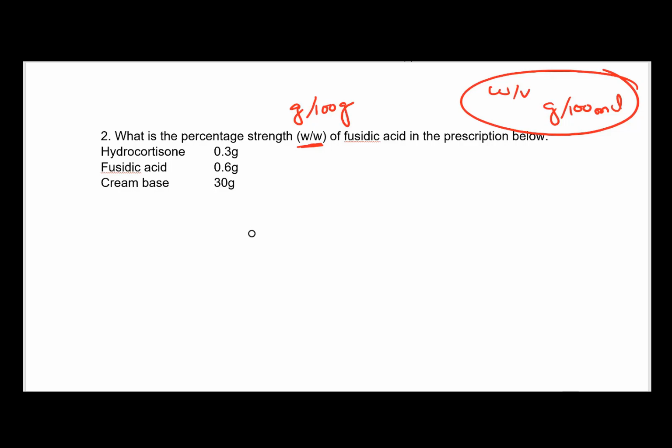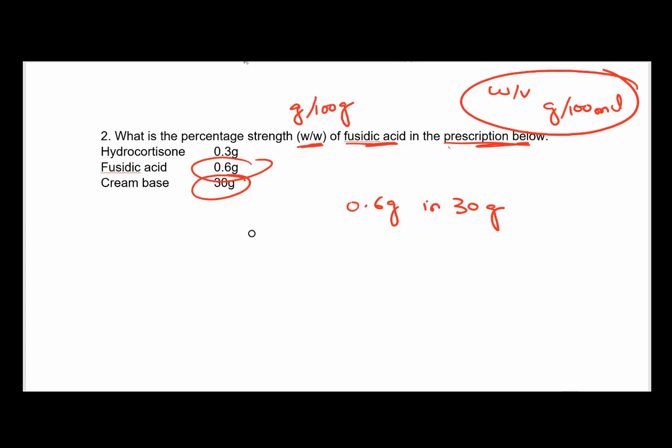Now, what is the percentage strength weight by weight of fusidic acid in the following preparation? The cream total is 30 grams, and we are asked about fusidic acid, which would be 0.6 grams. So 0.6 grams of fusidic acid is present in 30 grams of the cream.